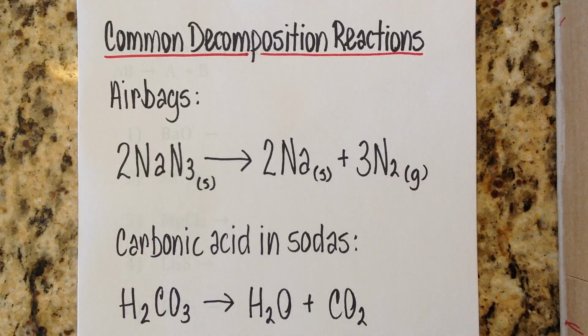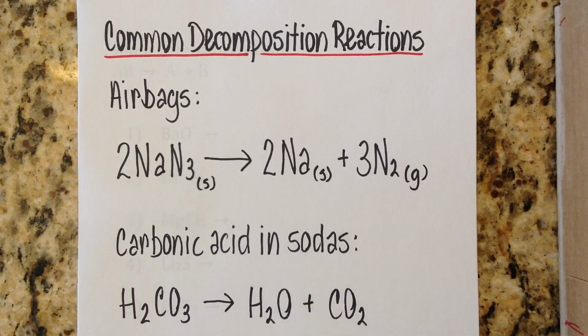That was a solid substance, pretty stable unless it's exposed to heat or maybe an electrical current, a little jolt of electricity. And what would happen in the airbags, and I believe in automotives, maybe a spark of electricity is what set this off, but it would break up very quickly into sodium metal and nitrogen gas.